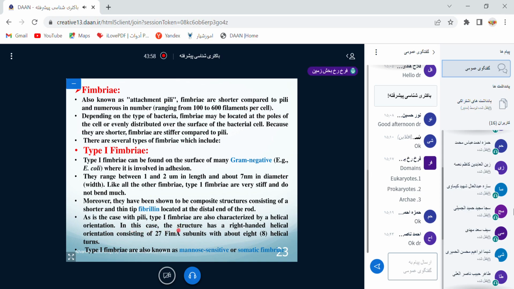In this case, the structure has a right-handed helical orientation consisting of 27 FimA subunits and about 8 helical turns. Type 1 fimbria are also known as mannose-sensitive fimbria or somatic fimbria. So the other name of this fimbria is mannose-sensitive fimbria, or somatic fimbria.